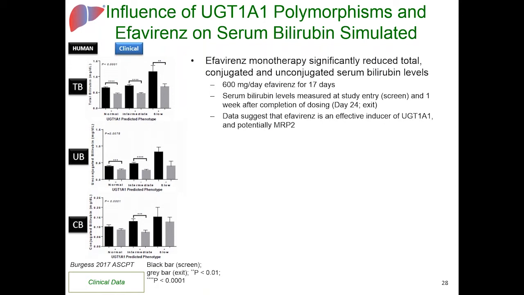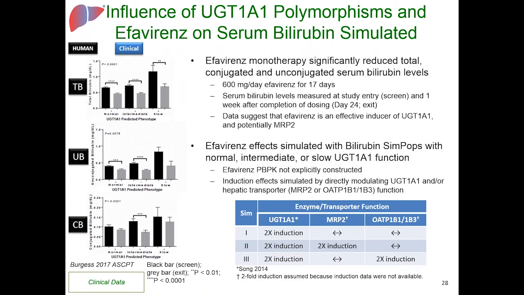And if you look at the gray bars compared to the black bars, you'll see that the drug reduced total, unconjugated, and conjugated bilirubin. And the question is, what are the exact mechanisms involved in that?